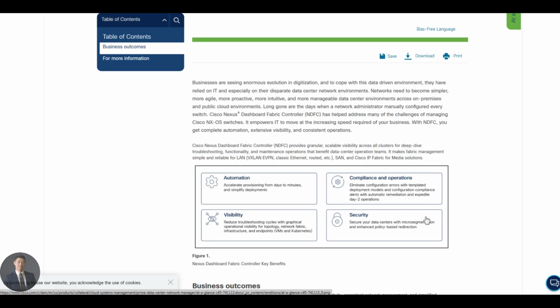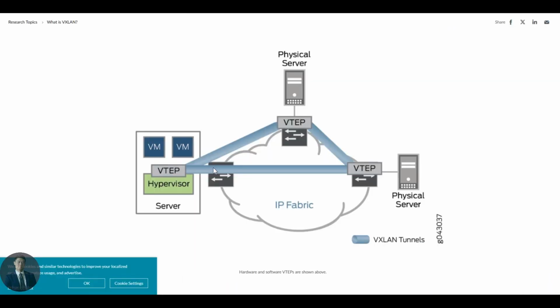So what is VXLAN? VXLAN is an overlay technology. Just take a look at this. For network virtualization, VXLAN provides a layer 2 extension over a shared layer 3 underlay infrastructure network by using a MAC address in IP UDP tunnel encapsulation.